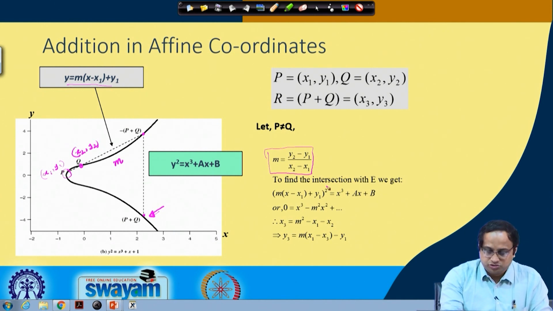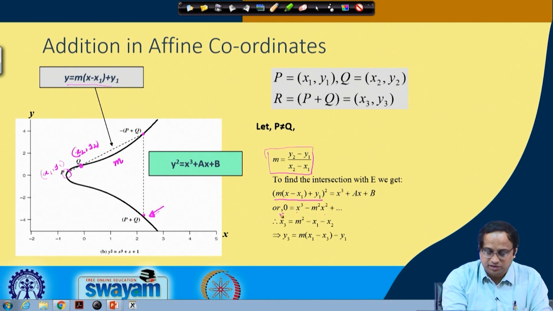Now if I want to find the intersection with E, we take this straight line y equal to m times x minus x1 plus y1 and plug it into the curve equation, and with a little adjustment I get x cube minus m square x squared plus some terms equal to 0. You can see that I have replaced y with m times x minus x1 plus y1.